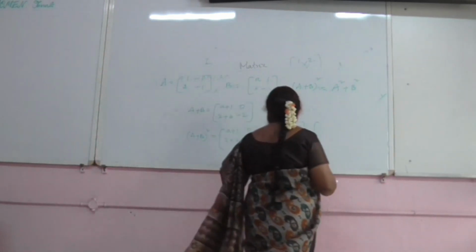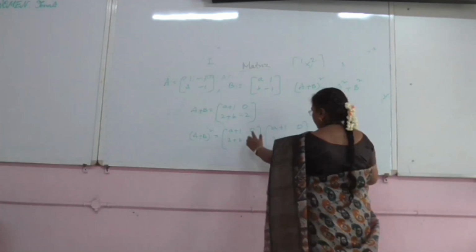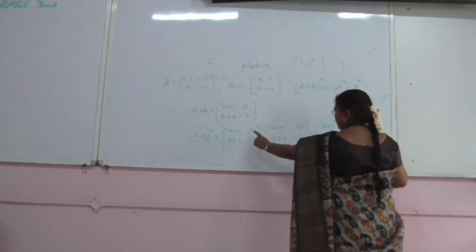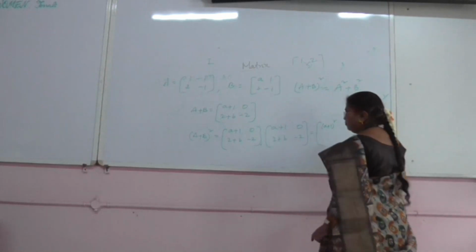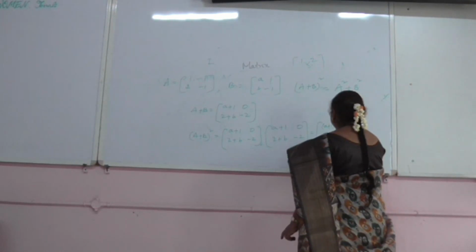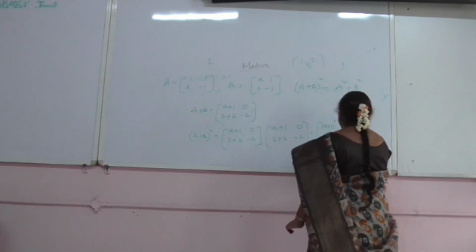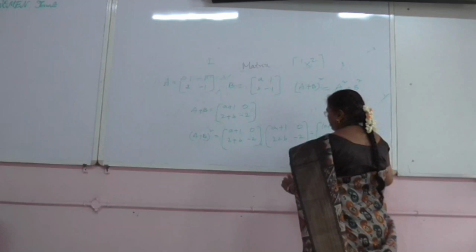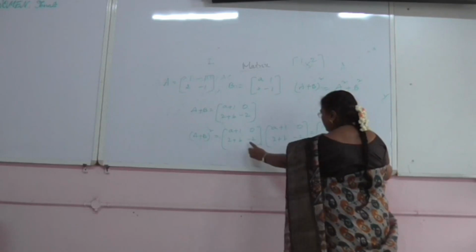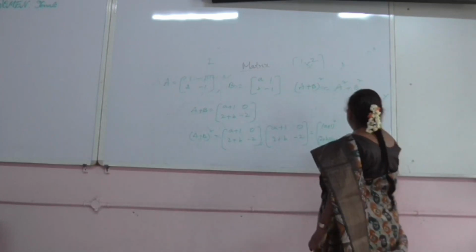By multiplying these two matrices we will get a plus 1 into a plus 1, a plus 1 whole square, 0 into 2 plus b, 0, a plus 1 into 0, 0, 0 into minus 2, 0, then 2 plus b into a plus 1, minus 2 into 2 plus b, and second row second column element 2 plus b into 0, 0, minus 2 into minus 2, 4. This is A plus B whole square.